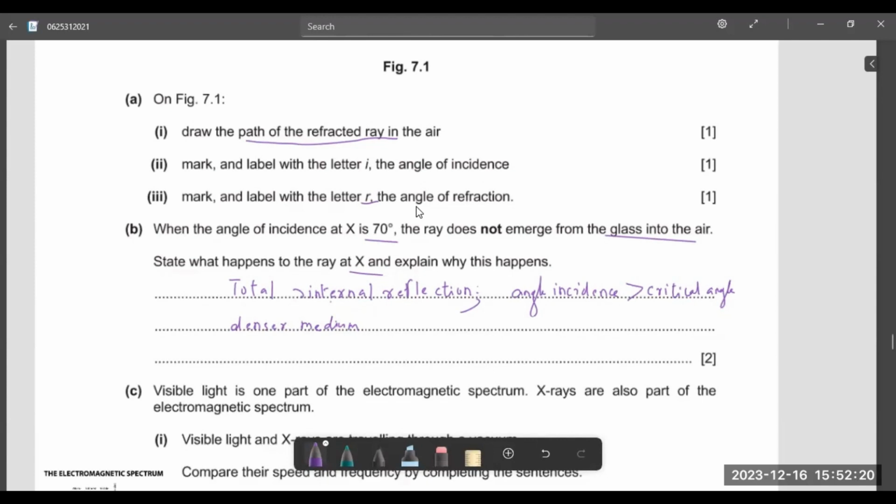The ray is traveling from a denser medium to a less dense medium. At times the angle of incidence will be greater than the critical angle, and this total internal reflection will occur.